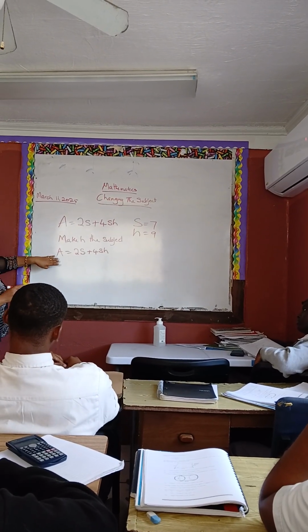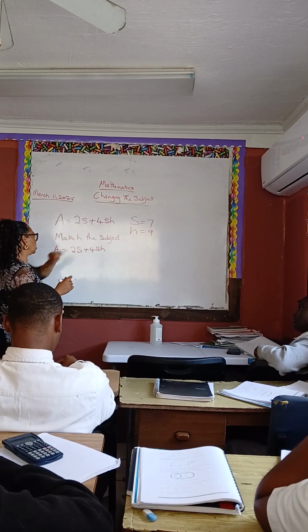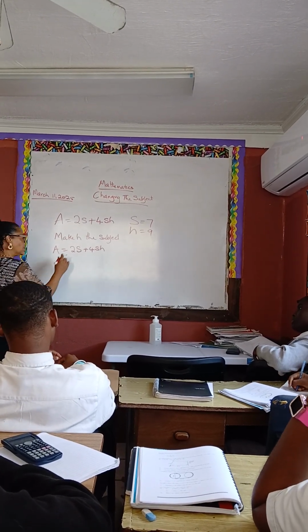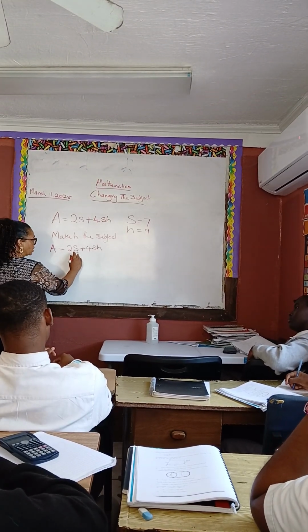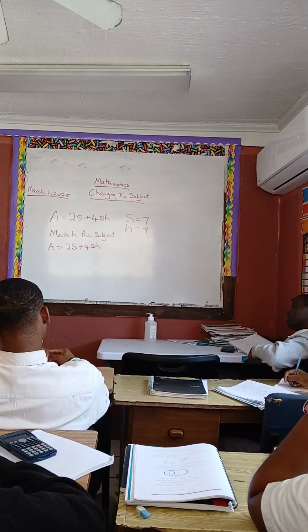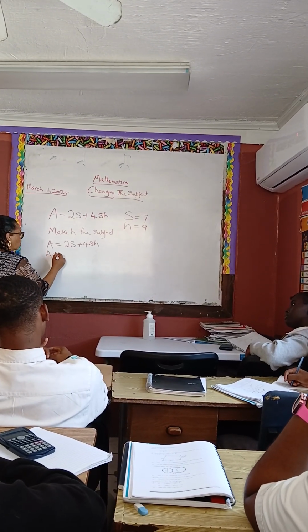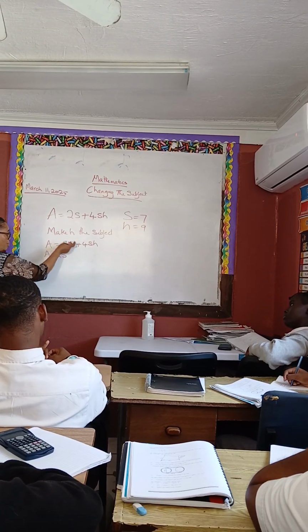So here I have A equals 2S plus 4SH. What is 2S doing here? It's adding 2S. So if I bring over 2S, I am going to do what? Subtract. So I'm going to have A minus 2S, because I bring this over.